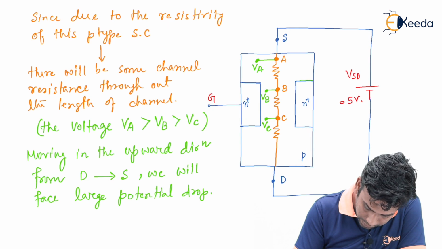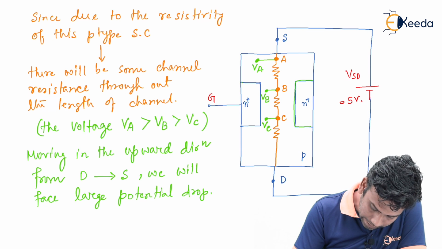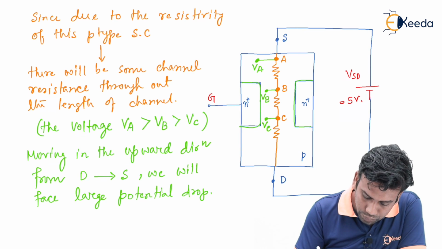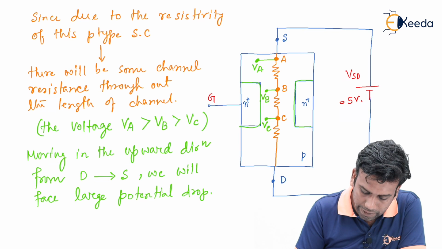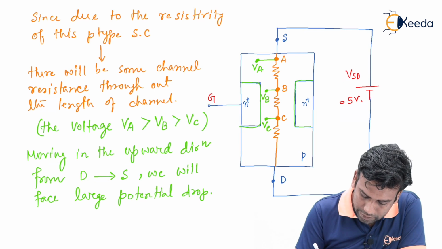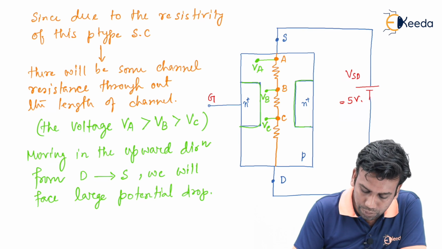This is one N plus P junction, and there is another N plus P junction, and these two junctions are now reverse biased by the applied VSD, because the P region is given a positive voltage as well as a negative voltage, and the N region has no voltage.